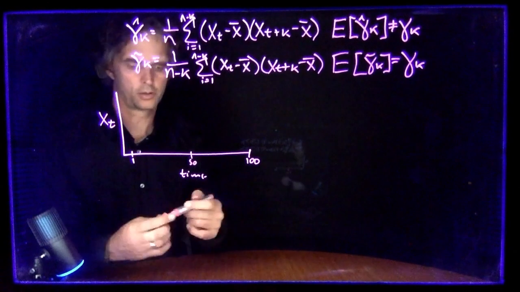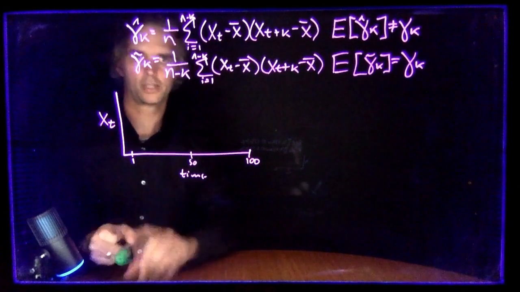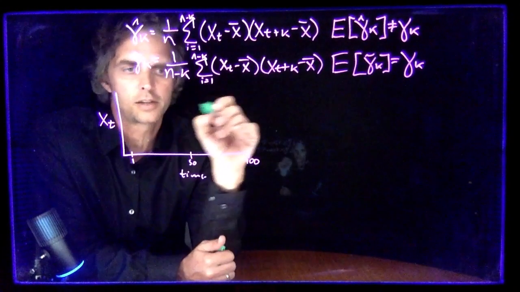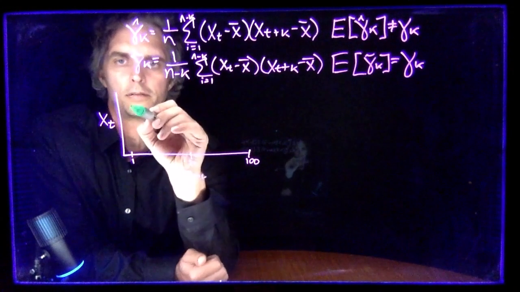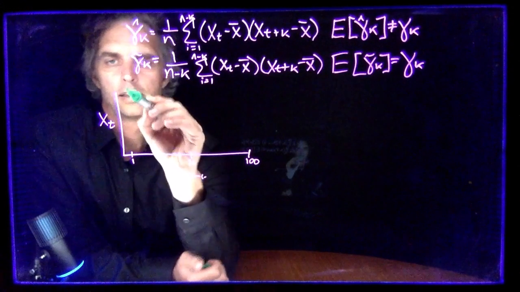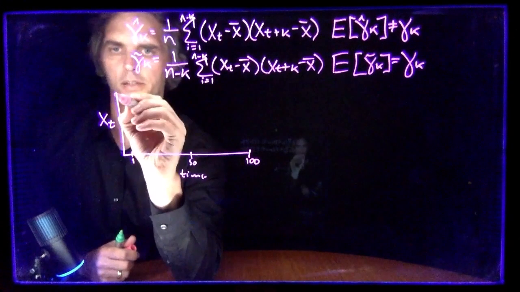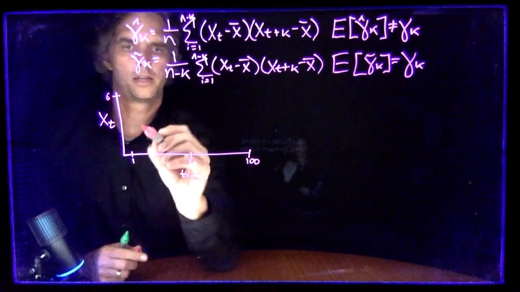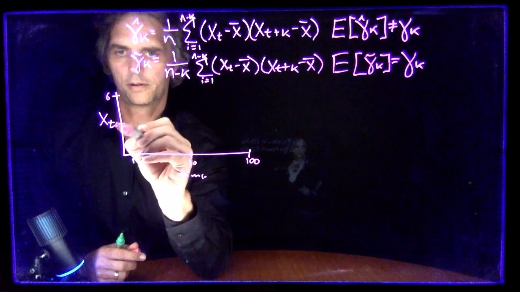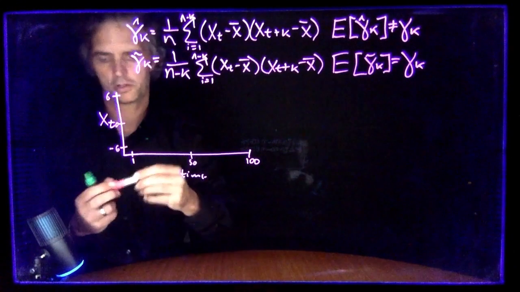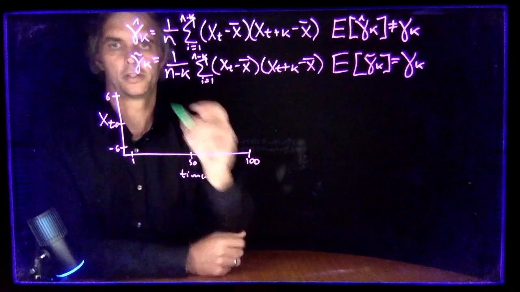Let's say we let the process go. It generates values at 100 time points, and let's say that it starts up here at 6, and this is 0, and this is negative 6, just to make our example.